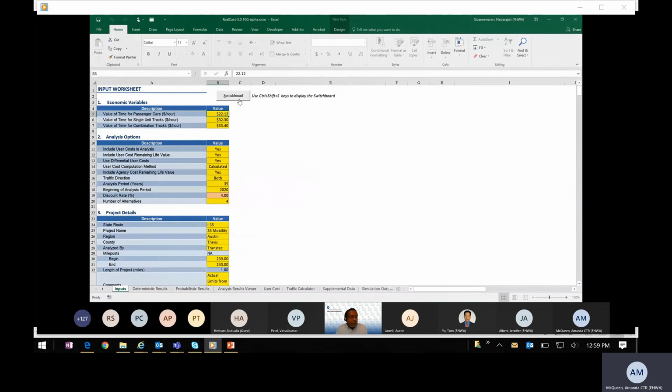Being able to look at the difference in life cycle cost as an output and develop a distribution collapses having to deal with two distributions into one, and it's much easier to handle. So those are some of the things that we are working on.